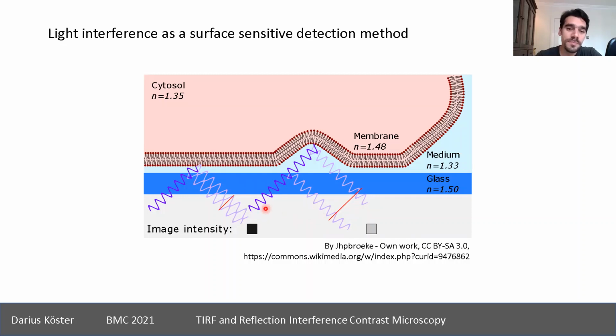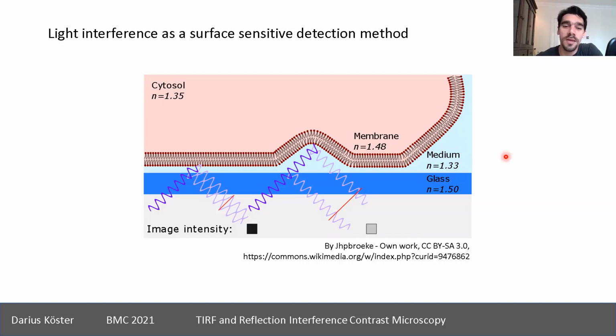And this difference in contrast tells you indirectly about the distance difference between your substrate and your object on the substrate. That's why it's called reflection interference contrast. And again, you see here already, of course, optical properties like the refractive index are important.